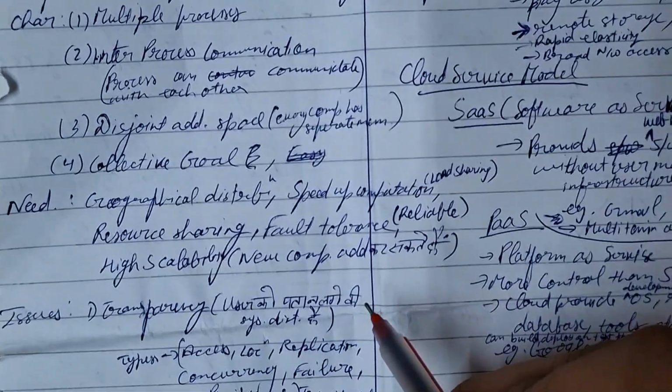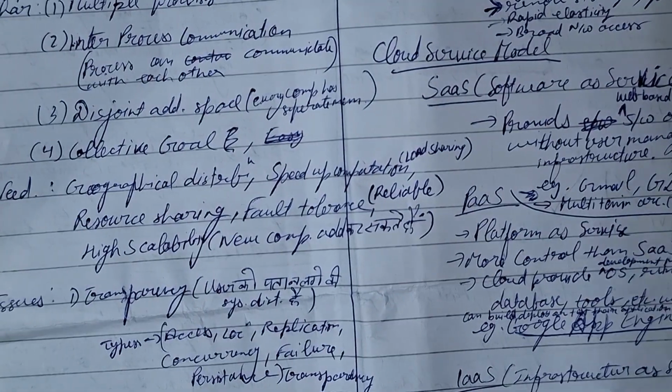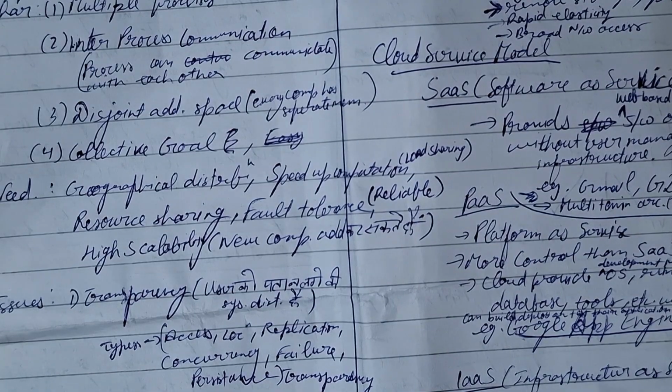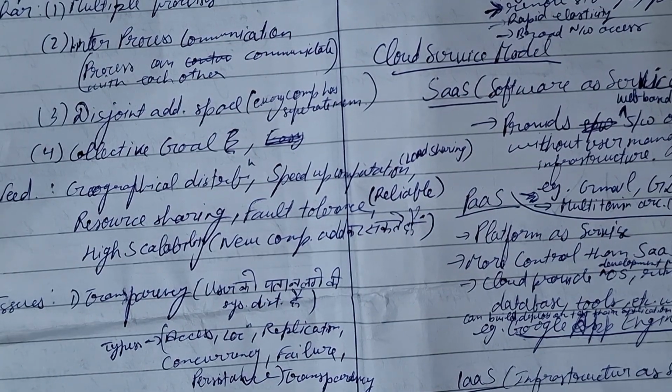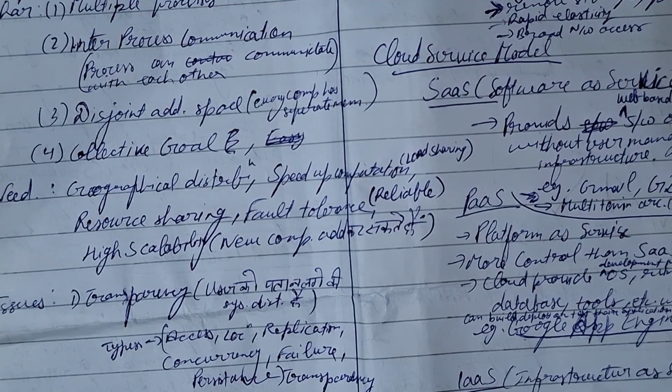The need for a distributed system is geographical distribution, because as there are multiple computers or machines distributed across the globe, we can use all of them to perform an activity which may be difficult for a single machine to do.